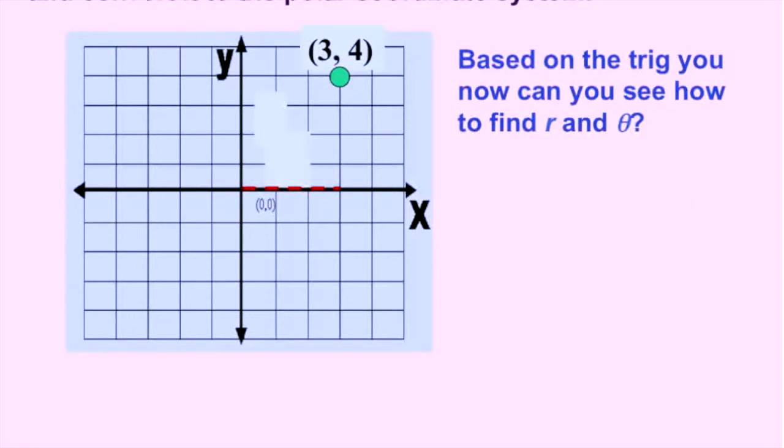Now we're going to take a point starting in the rectangular coordinate system and we're going to convert it to polar. So can you guys write this one on your paper? I want you to have one completely worked out example of how to start at rectangular and transfer it into polar. So the first thing I want you guys to do is draw in your right triangle.